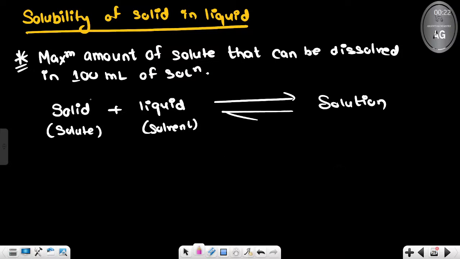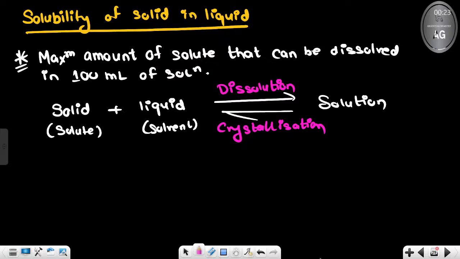When you go from solid and liquid to solution, that means you are mixing solid and liquid to form a solution, then that is called dissolution. If you are going from solution to the solid, then you will call it crystallization. From solution, if you are preparing the solid, we will get it in the form of crystals because the liquid will be trapped with that. So then you will get it in the form of crystal. That is the process called crystallization.